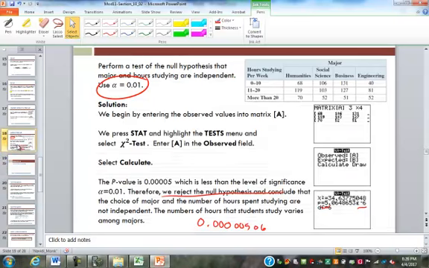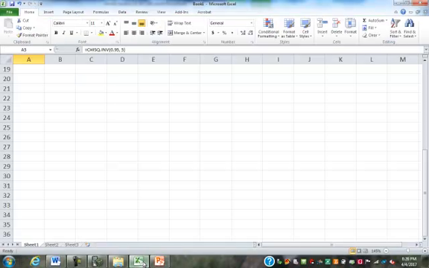Okay, now before we do the test of homogeneity, I'm going to jump over to Excel here, and I'm going to do this test on Excel. So again, we're looking at hours studied.